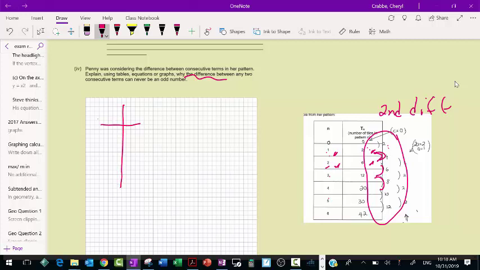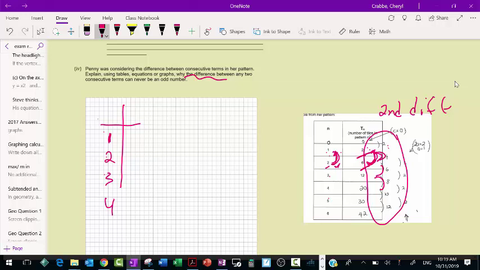In that table, this is the difference in the first two consecutive terms, the second consecutive terms, the third, the fourth. Between terms 1 and 2, the values are 2 and 6, the number of tiles.